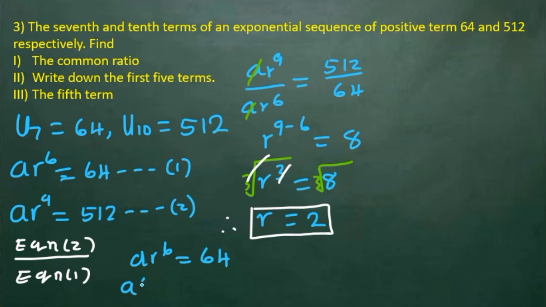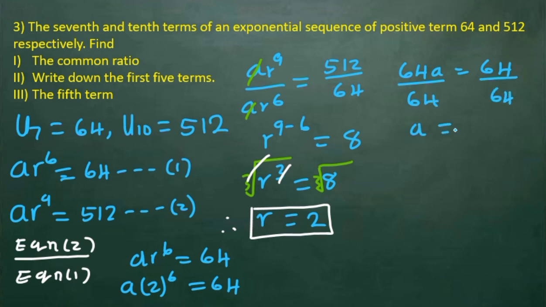We don't know. r is 2, so a times 2 to the exponent of 6 equals 64. Now 2 to the exponent of 6 gives us 64, so we have 64a equals 64. Dividing both sides by 64, we have a, the first term, equals 1.